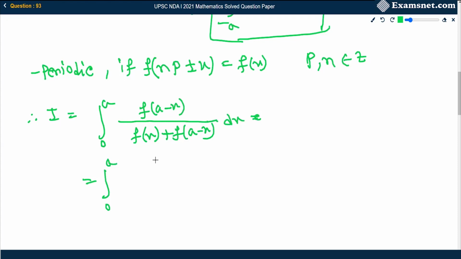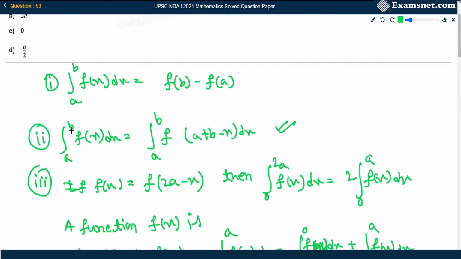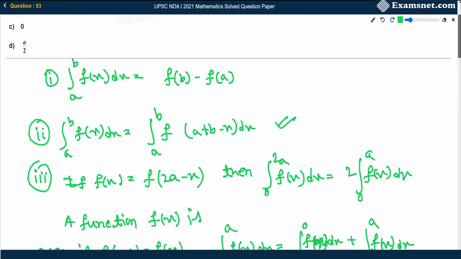Now look, a minus x can be written this way also, f(a+0-a-x), using that formula, which is this one: the integral from a to b of f(x) dx equals the integral from a to b of f(a+b-x) dx.